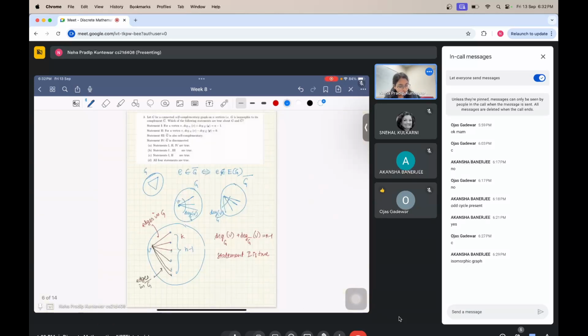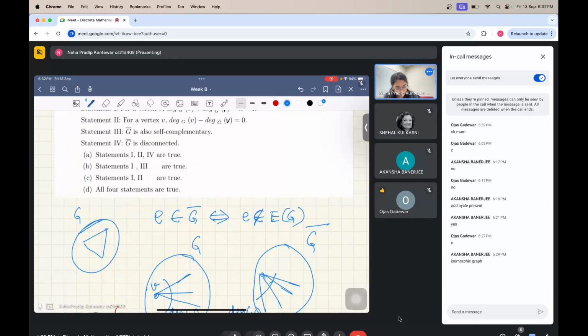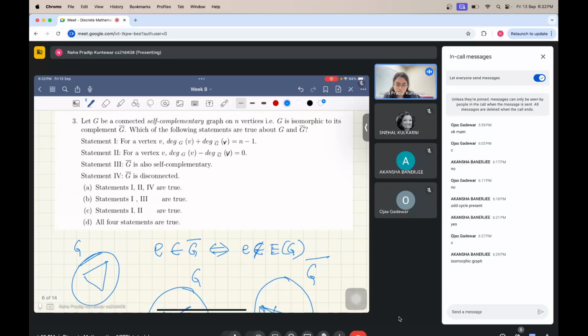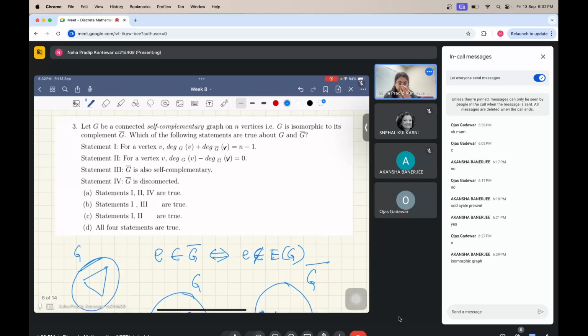Okay, good. And what about statement 3? Do you think G bar is also self complementary? Oh, yes, ma'am. Exactly. So it just follows from the definition.